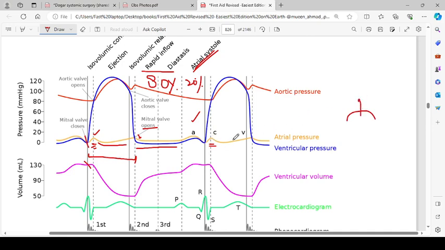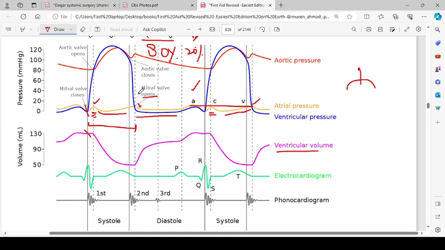Then after that the pressure falls and then the blood starts entering, and all the way till the V wave is the point where the mitral valve opens again. So the pressure reaches the maximum till this point, as the blood is entering the atrium and the atrium is relaxing. Then the mitral valve opens and the pressure starts falling again. So these are the A, C, and V waves of the left atrium, right?